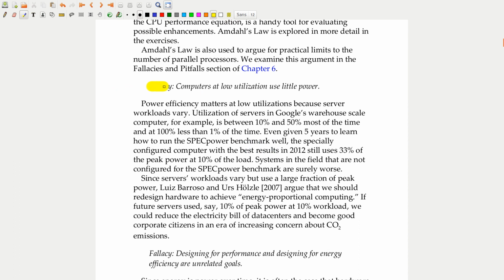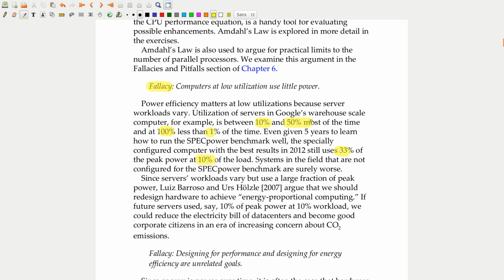So here's a fallacy. Computers at low utilization use little power. So this is actually not true. Warehouse scale computing is at 10% to 50% load most of the time, and at 100% less than 1% of the time. In this case, the best result is still using 33% of the peak power at 10% of the load.